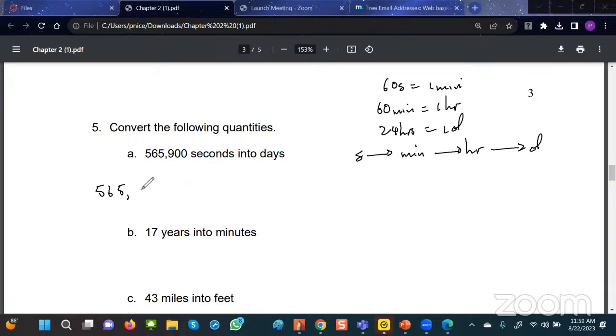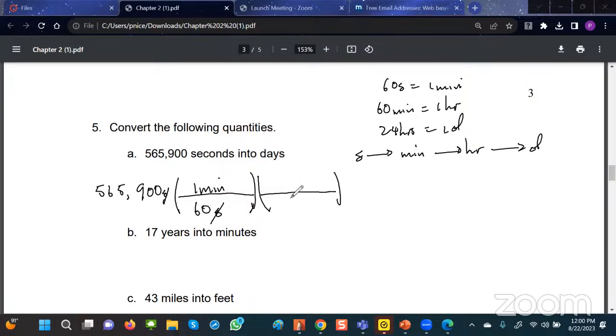So I'm going to start off with the 565,900 seconds. And my question to you is, what would be the conversion factor that I would start off with here? In other words, what would go up top here as a numerator and what would go down here as a denominator? Yes, sir. 1 minute would go above, 60 seconds would go below. So that this unit will cancel out with the second unit here. Good. What's the next conversion factor?